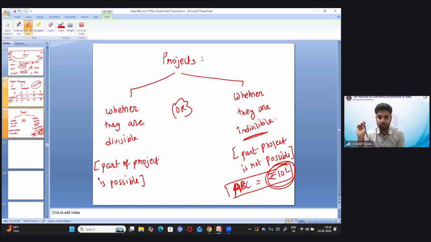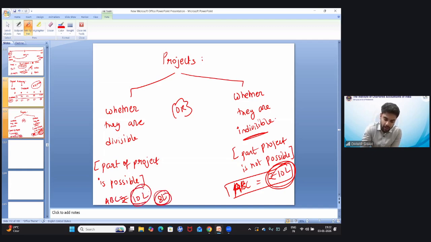Are you following? So indivisible project means part project is not possible. It can't be that, okay, 8/10 is not the full project, but I take 80% of your project. No, this part is not possible if the projects are indivisible. Are you following everyone? If you want to take it, take the full project, you cannot take a piece. But if the projects are divisible, part of the project is also possible. So let's say ABC is of 10 lakhs, and you have funds of 8 lakhs.